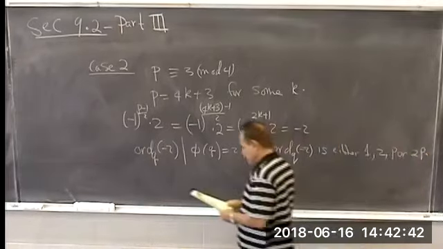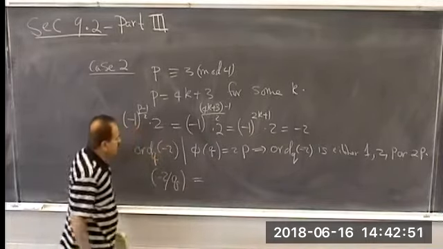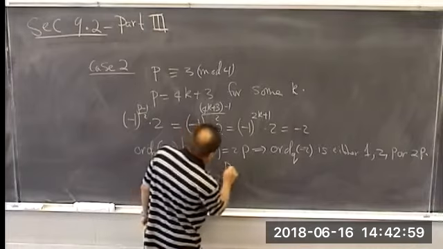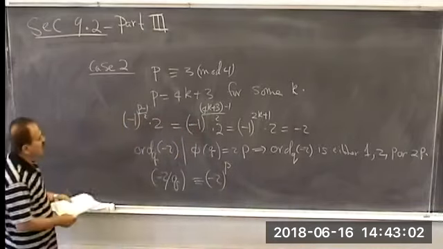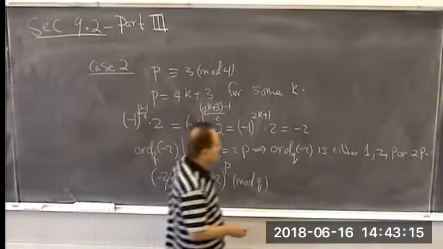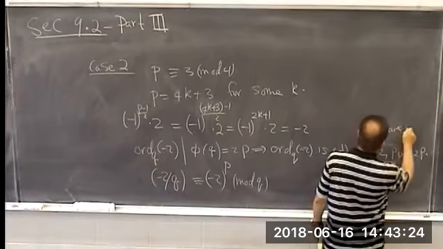Let's calculate again negative 2 by Euler's criterion. This is congruent to negative 2 to the p, which is (q minus 1) over 2, mod q. Again, for the first two, we're going to show that these are impossible.